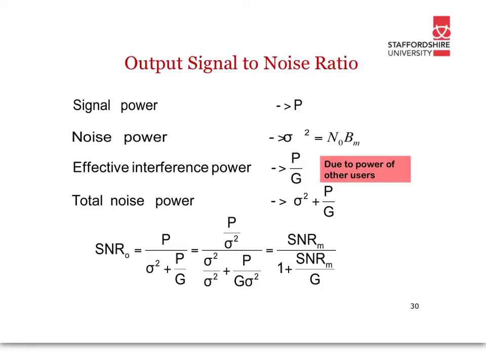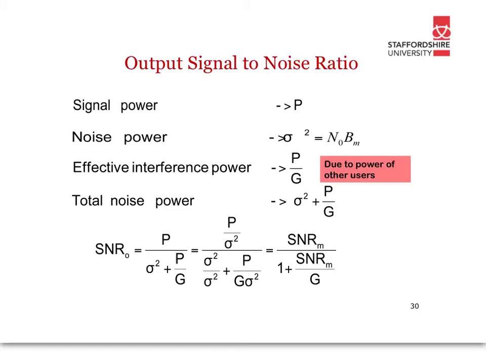So the output signal to noise ratio: if our input signal power is P for all users, the noise power is given by the variance, or sigma squared, which is the noise floor, times the bandwidth of only the message, not the bandwidth of the spread code, so the narrow bandwidth.